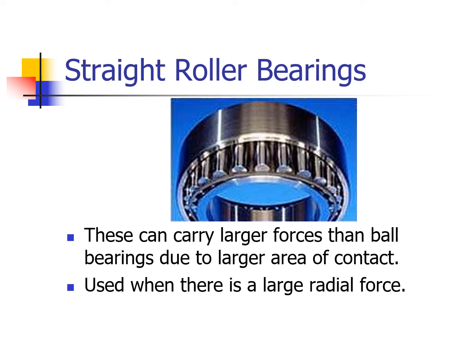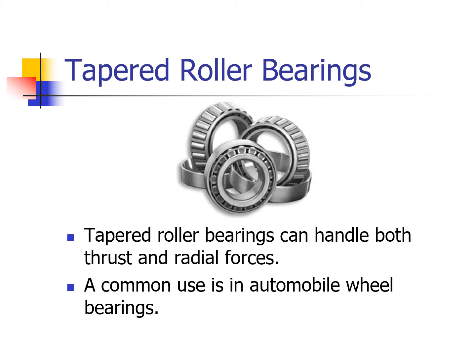A variation on that, because this is a straight roller bearing, is a tapered roller bearing. A tapered roller bearing also has cylindrical little rods in there. They're used because they can handle both a thrust and a radial force.